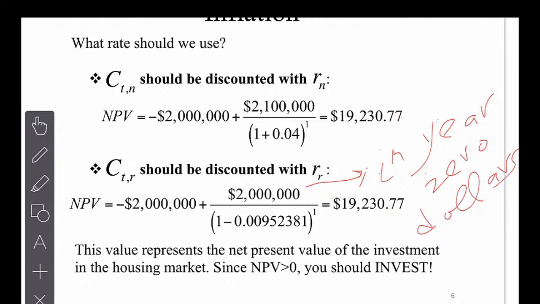So that's a good example for you regarding real and nominal cash flows. In both cases, we have to get the same answer, and it tells us to invest in the home if that's what we are interested in. Otherwise, we lose the purchasing power because of inflation in the housing market.